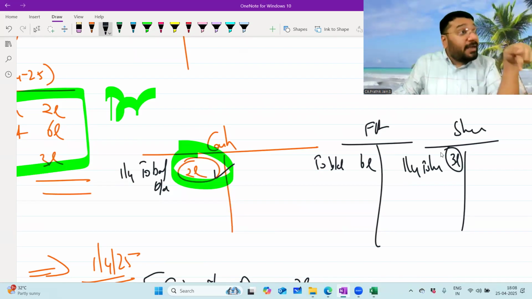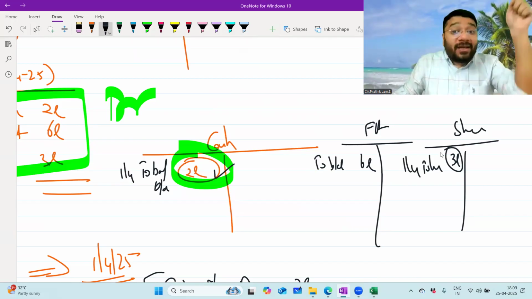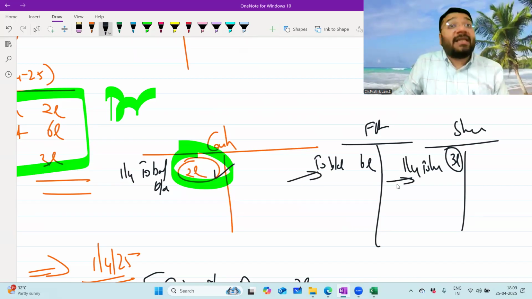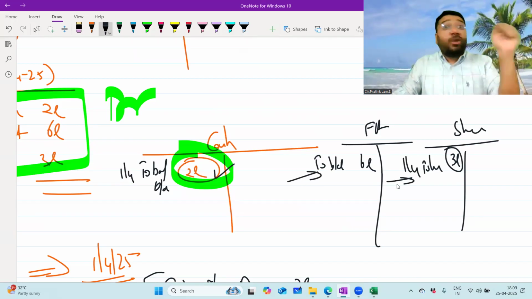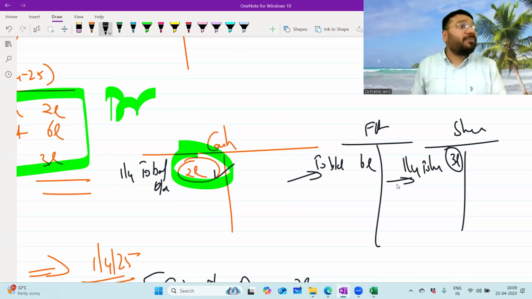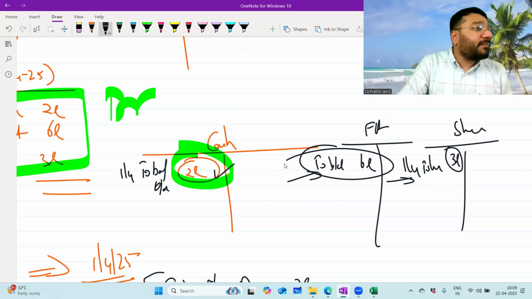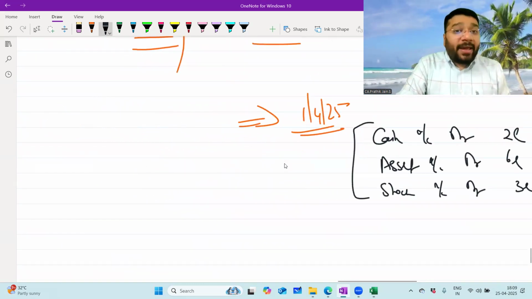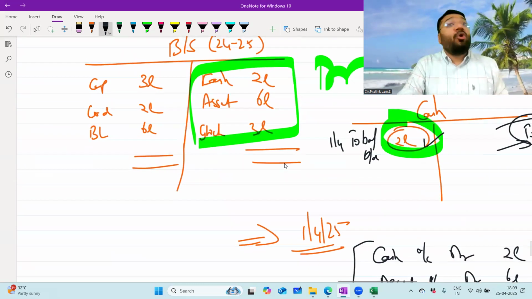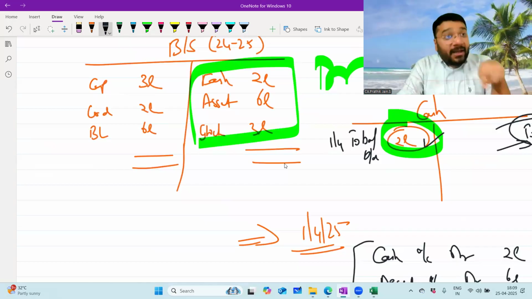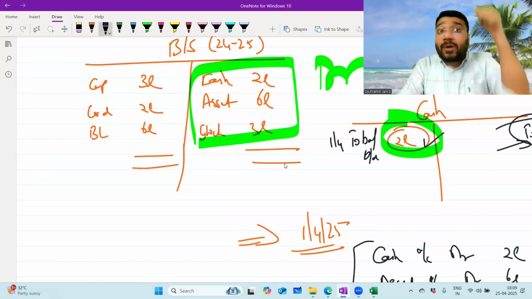Only because of the journal entry. Which journal entry? Opening journal entry. The opening balances of the ledger appear. We don't take a paper pencil and write it every year. No. It is a natural process which follows after the opening journal entry. Any problem? Likewise, if I want to have the opening balance in the capital account, creditor account, and liability account, for that also I have to pass what entry?